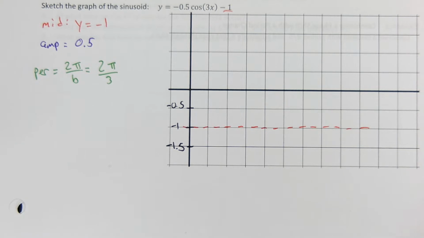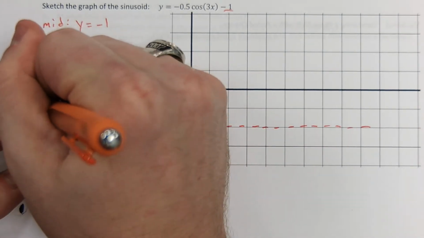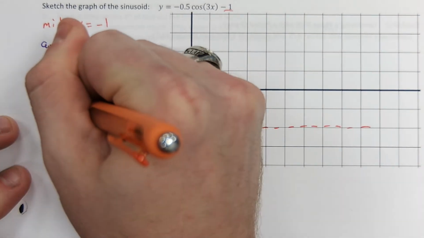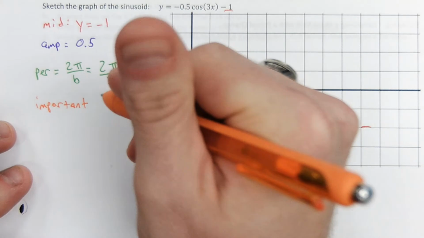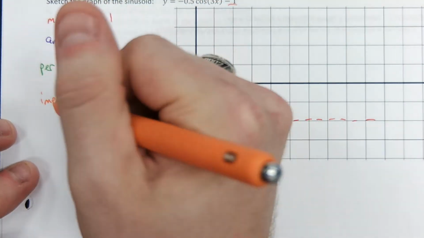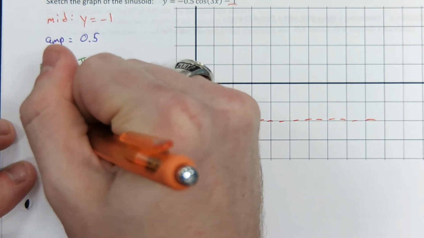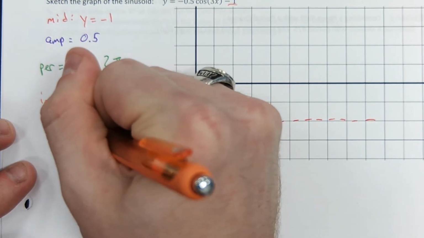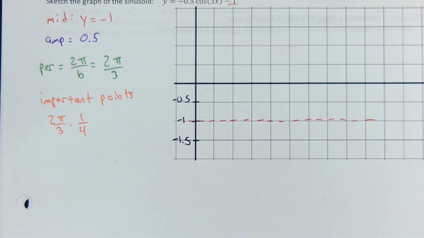But remember that something important is going to happen at every quarter of that. So your important points, which are minimums, maximums, and midline hits, are going to be 2 pi over 3 times 1 over 4, because fourths, the quadrantal angles.